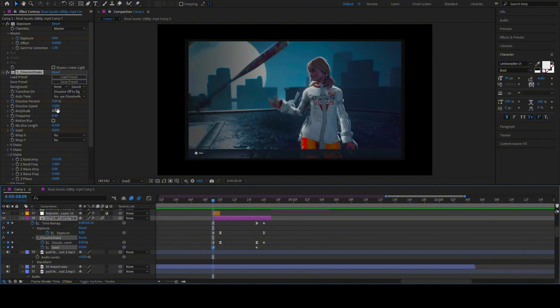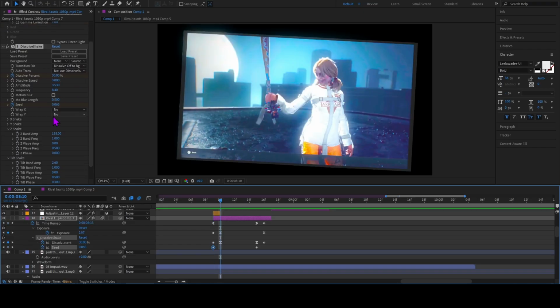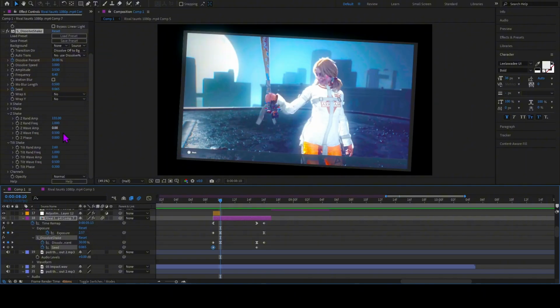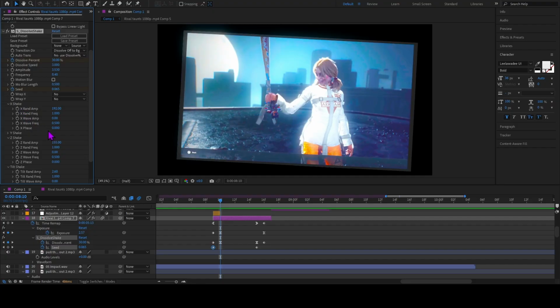This is a high frequency one, right? Just look at the values. That's all I had, right? That's all. I didn't have anything for the X shake or Y shake, nothing there.